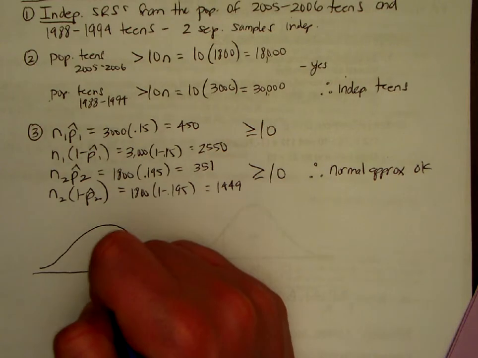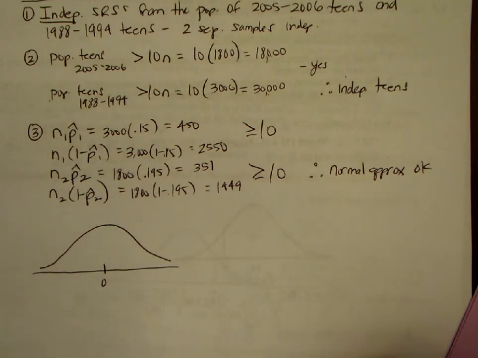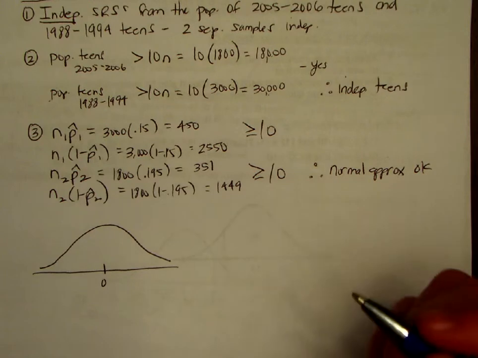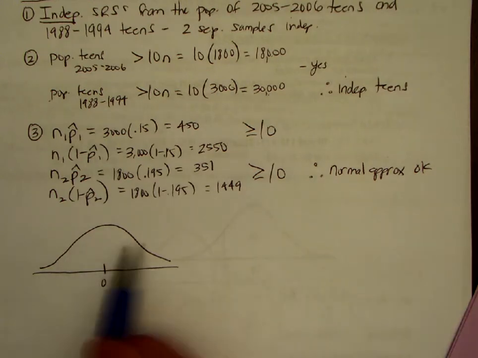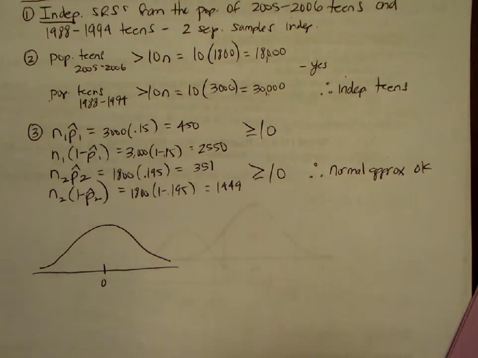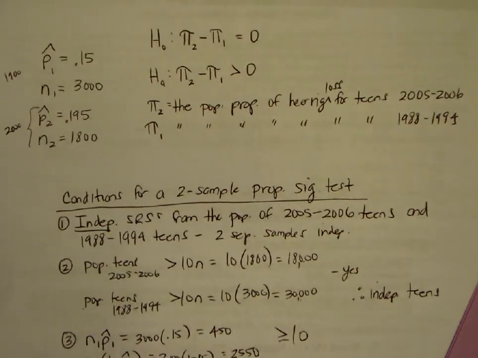Now, this is all about the differences. Pi 2 minus pi 1. So it's a bunch of p hats of differences. So the other thing that we need to put on this curve is the difference of our sample proportions.